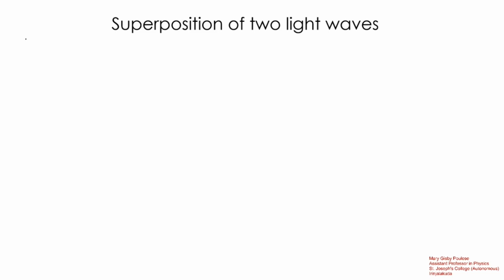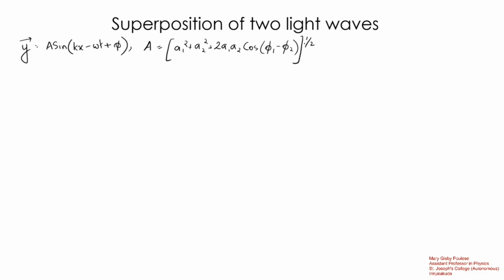The resultant wave when two light waves superimpose upon each other is given as y is equal to A sine of kx minus omega t plus phi, where A is equal to A1 square plus A2 square plus 2 A1 A2 cos of phi 1 minus phi 2 whole raised to 1 by 2.